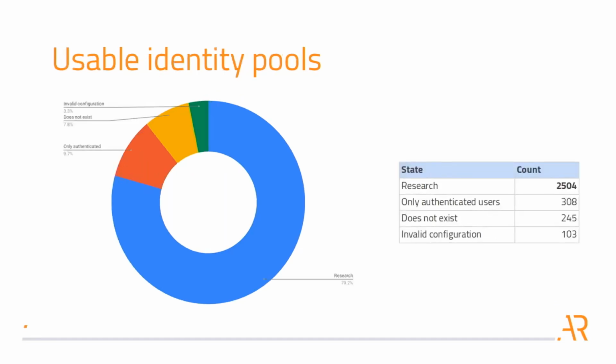But those identity pools are not all usable. Some of them didn't exist. At some point, they existed. Someone created a mobile application. They used it. Then the mobile application failed. They tore down the AWS account associated with the mobile application. They simply don't exist anymore.